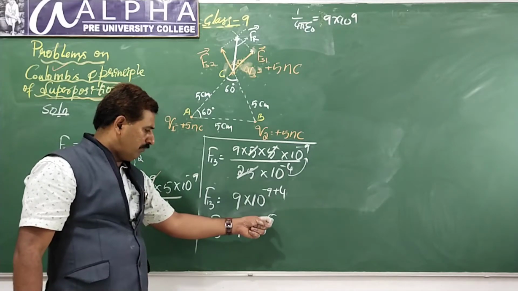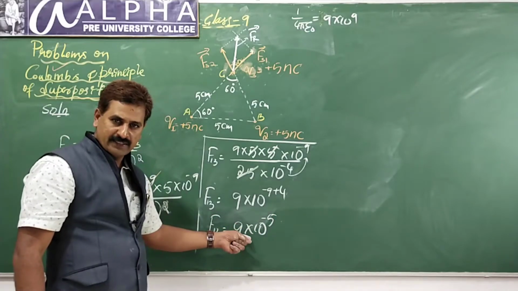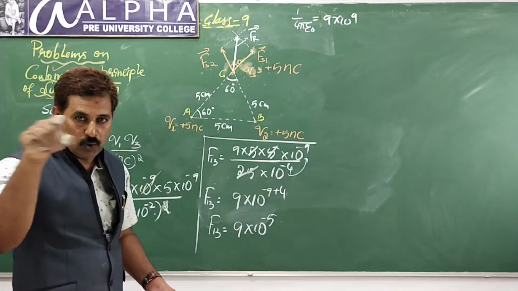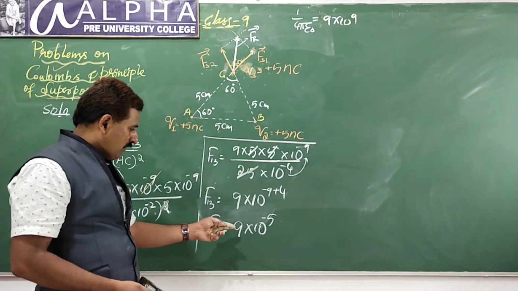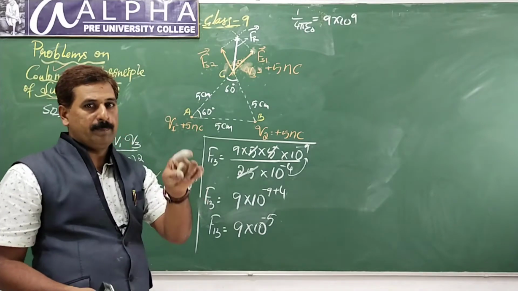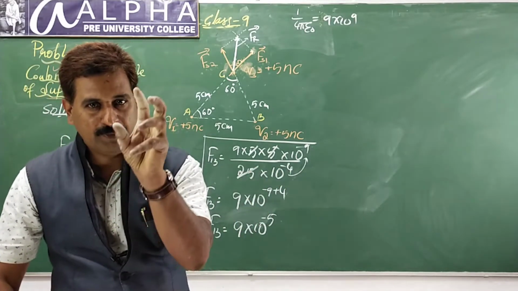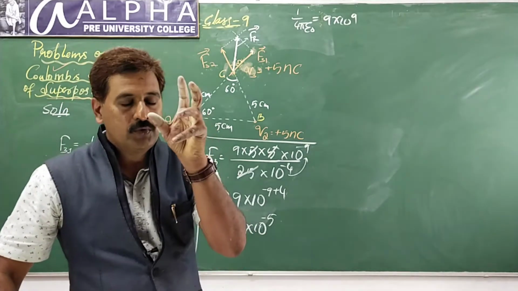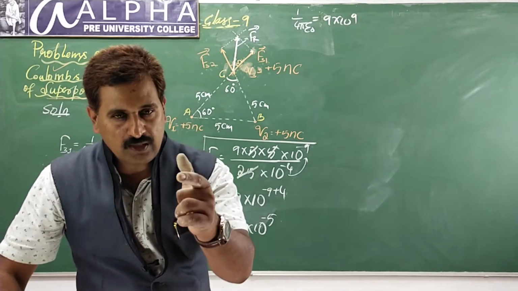You can make it minus 5, minus 4, minus 6, an even number, when you are finding a square root. Here it is not necessary, because in all the three terms, r equals root of p squared plus q squared plus 2pq cos theta: p squared one term, q squared second term, and 2 into p into q into cos theta third term.